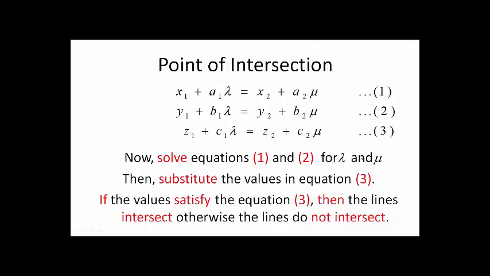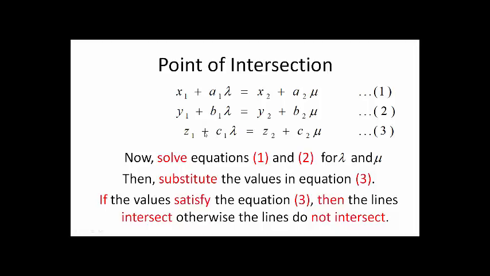You can use any method. Since there are two variables and linear equations, you can solve the linear equations in two variables using the substitution or elimination method. Now, after finding lambda and mu, substitute the values of lambda and mu in equation 3 and see whether the third equation is satisfied or not.